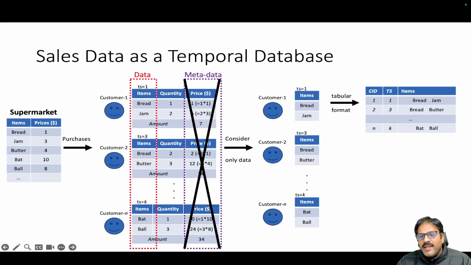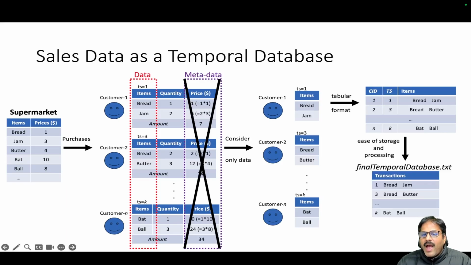Since CID is not important, we ignore it, and then we simply create a temporal database by considering the timestamp and the items that were purchased by the customer. That is how we create it.